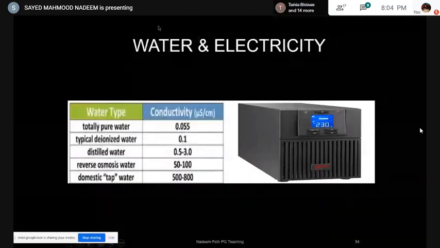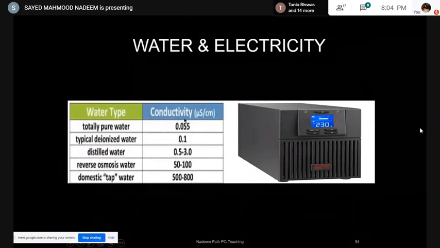So the conductivity of the water is very essential, and it should be less than 1. Many a time we have errors in our control and we are unable to exactly attribute it to a cause. Go and check the water conductivity. Many a time this is the reason for random error.